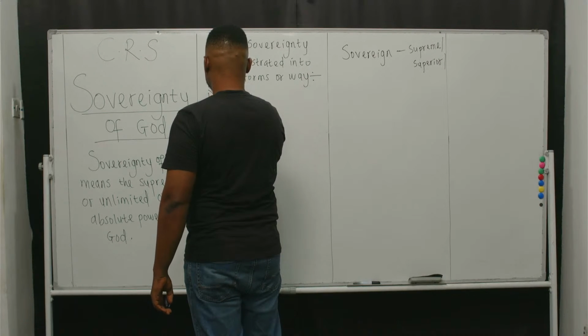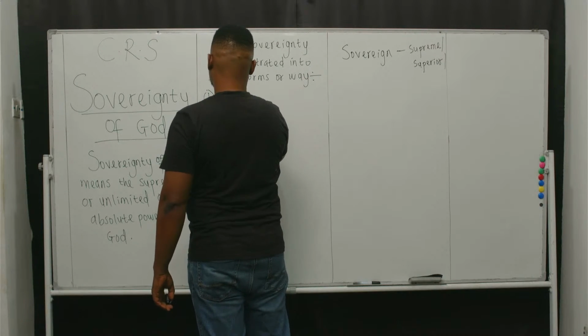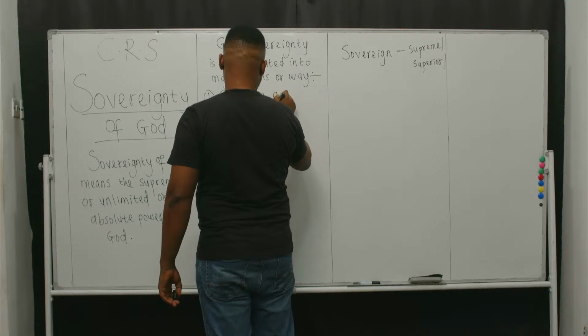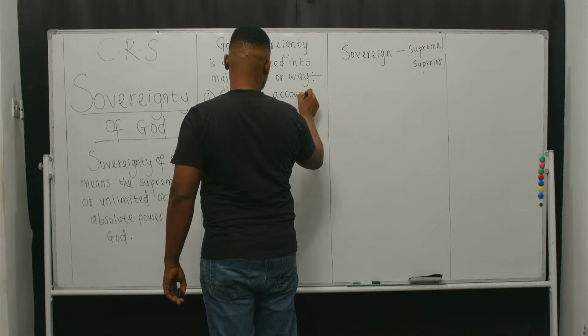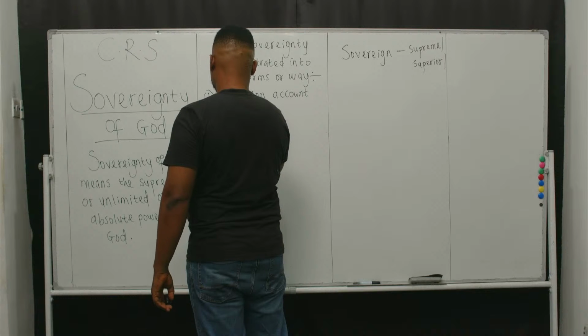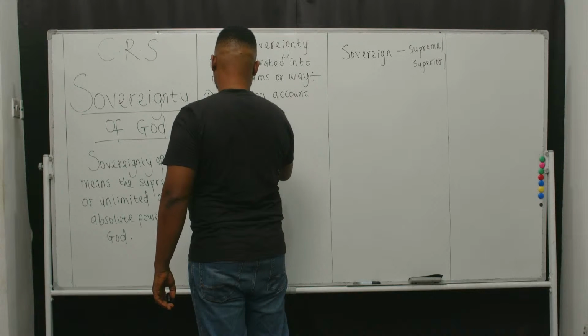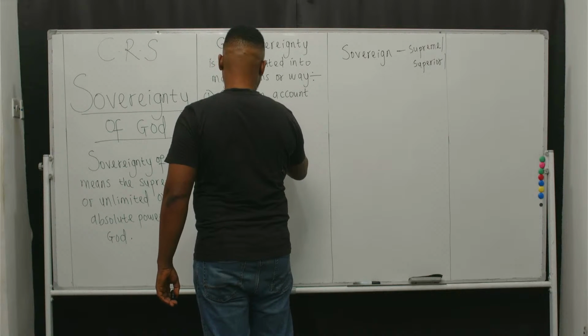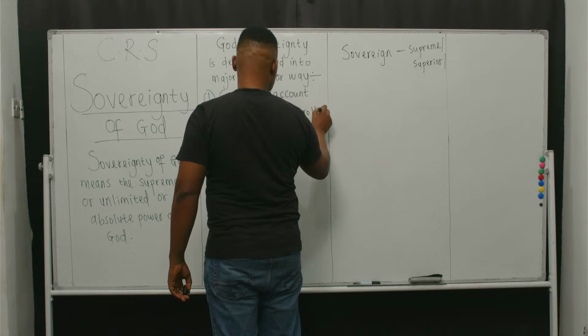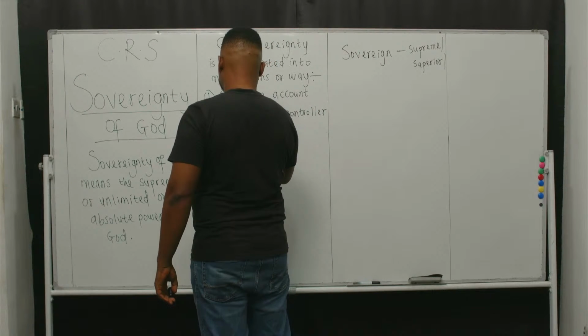First one, creation account. Second one, God as the controller of the universe.